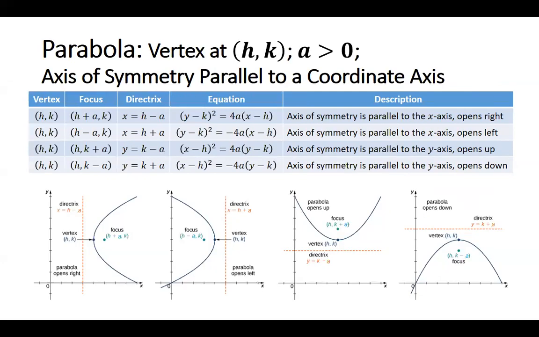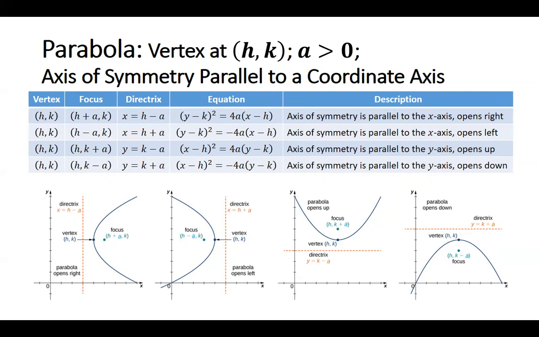Now we have to account for the fact that it's been shifted by h, so it's h plus a, and the 0 becomes k, because we add the k on. The directrix was x equal to negative a. Now it's x equal to h minus a.